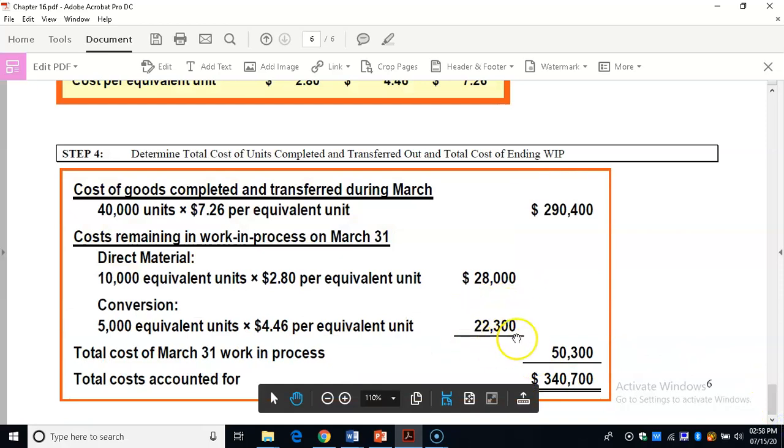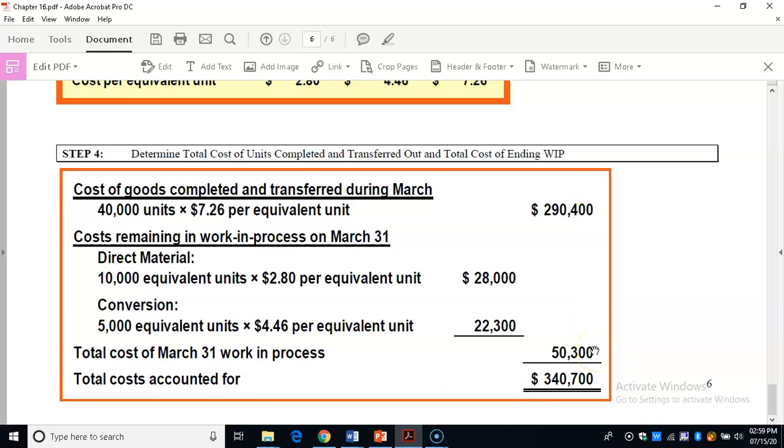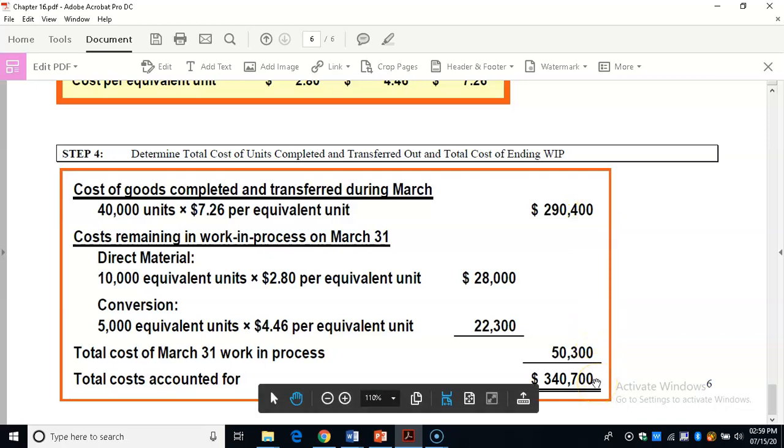So what is the total conversion cost in my ending work in process on March 31st? $22,300. If you take the 28,000 plus 22,300, you get 50,300. Then you take 290,400 plus 50,300, and you get the total, which is 340,700.